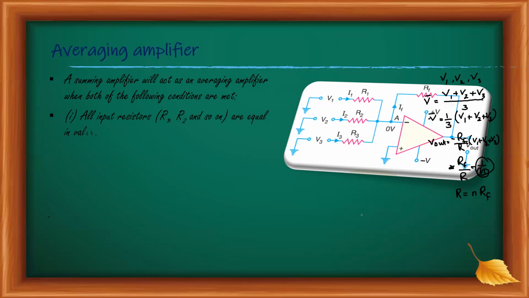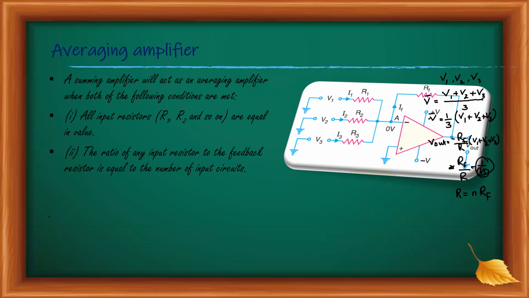So the condition for a summing amplifier to work as an averaging amplifier: all the input resistors R1, R2, R3, etc. must be equal, but the value of the input resistance must satisfy the condition, that is the ratio of input resistors to the feedback resistor equal to the number of input circuits.